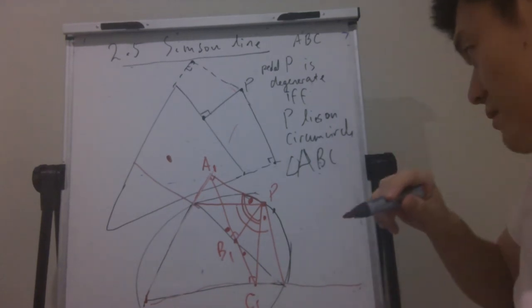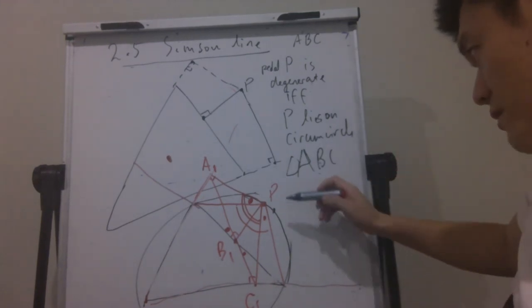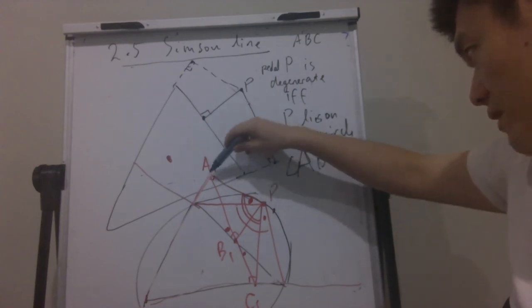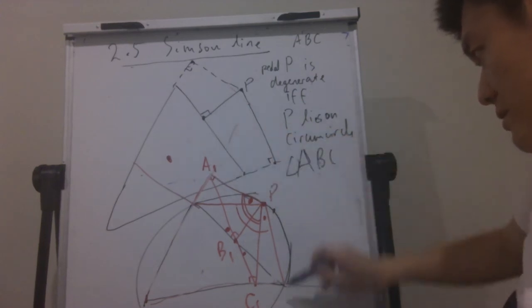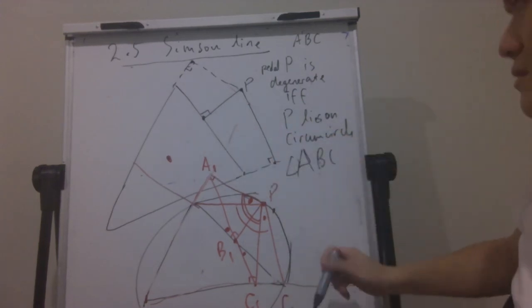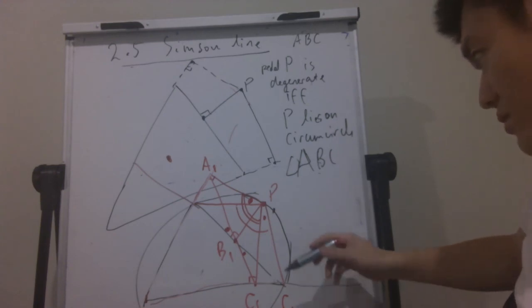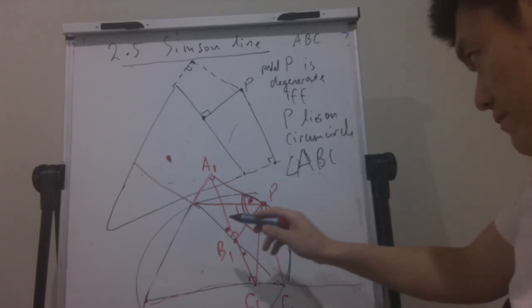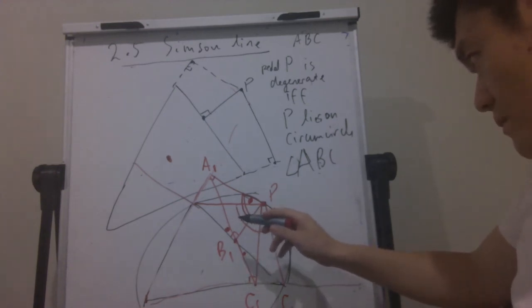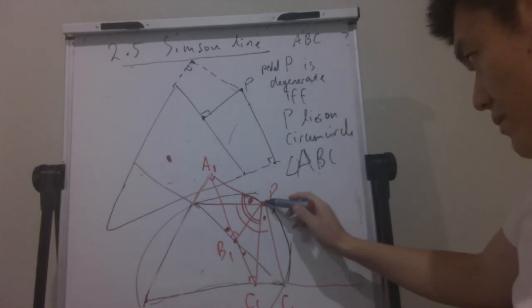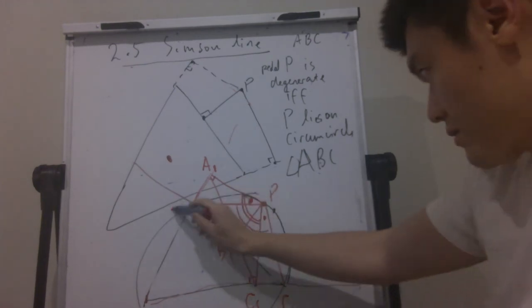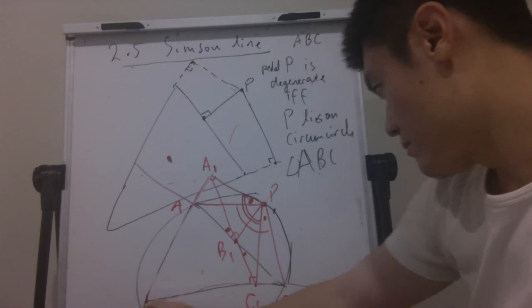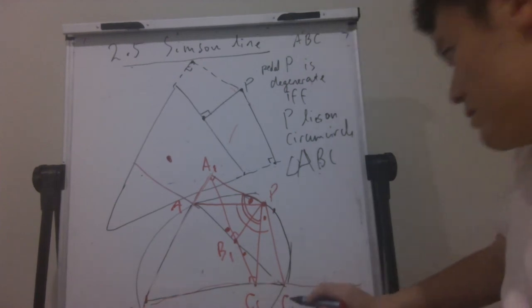Then this angle is kind of like A1PC, right? For that to be true, basically P has to be on this side of, let's call that A, B, C, yeah?